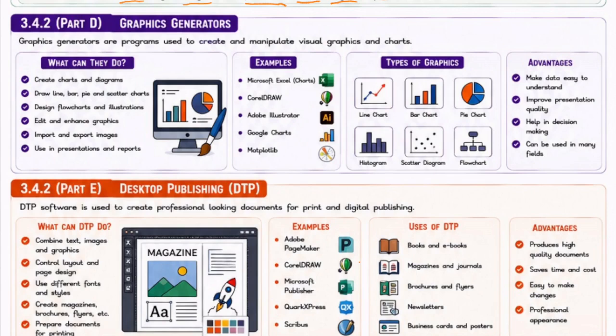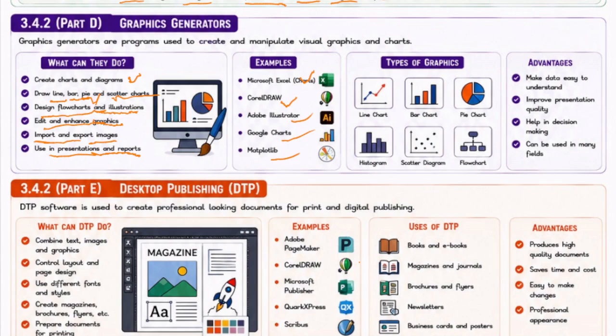They can create charts and diagrams, draw lines, bars, pie and scatter charts, design flowcharts and illustrations, edit and enhance graphics, import and export images, and be used in presentations and reports. Examples are Microsoft Excel charts, CorelDRAW charts, Adobe Illustrator charts, Google Charts, Matplotlib. All of these are examples of graphics generators.